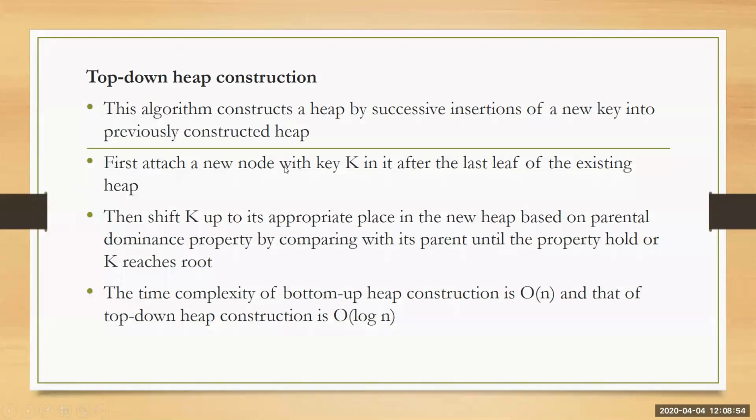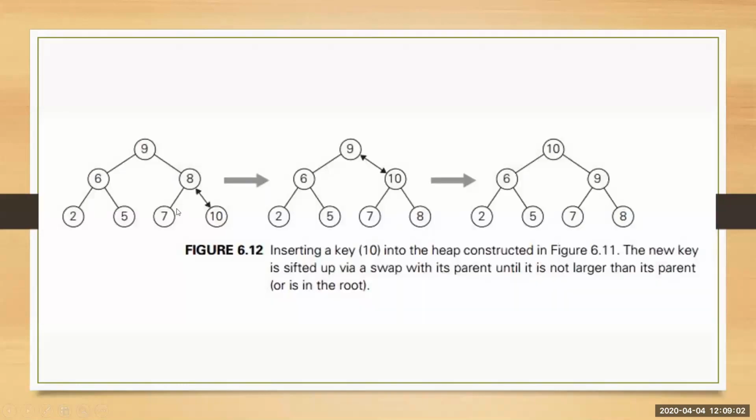First, attach a new node with key k in it after the last leaf of the existing heap. So this is the existing heap, and all the elements follow the properties of heap. And the new element added is 10. Now after adding this 10, you check whether it follows the parental dominance property.